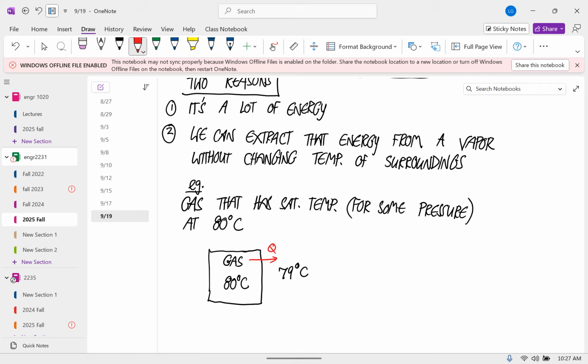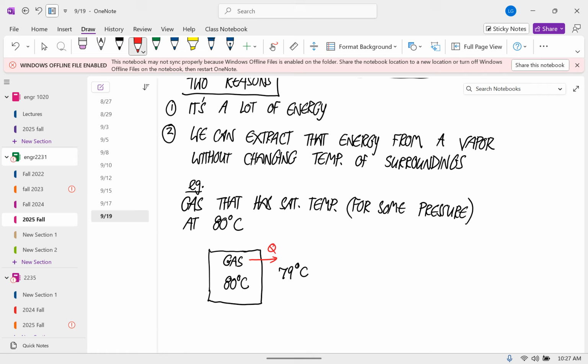What do you mean by saturation? So if you're at that phase change temperature and pressure in your system and you set this up, now heat is going to transfer from the gas to the surroundings. But this time, the gas temperature is not going to go down, specifically because it's at that saturation point.